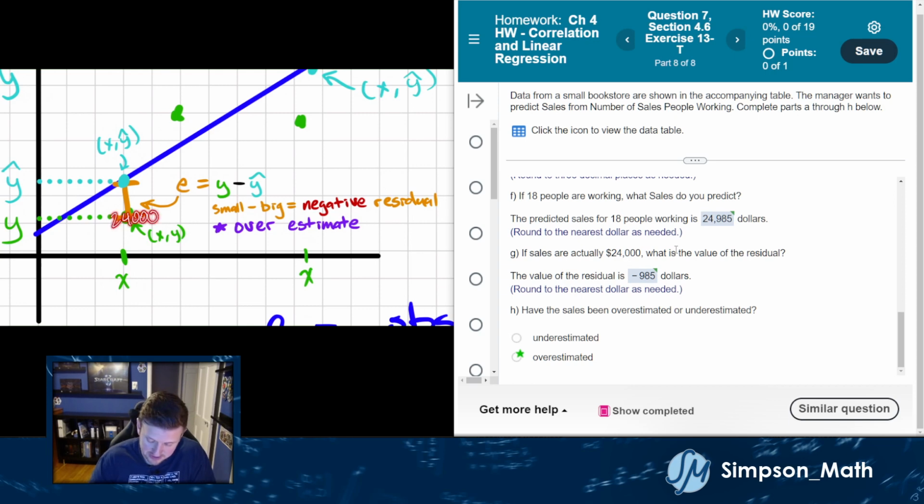The model was predicting 24,985. So when I do that subtraction, I'm getting a negative distance again, because this negative is from the perspective of the prediction line looking down at reality. But in terms of where my estimate is compared to reality, it's an overestimate. So this last question is that this is an overestimate.